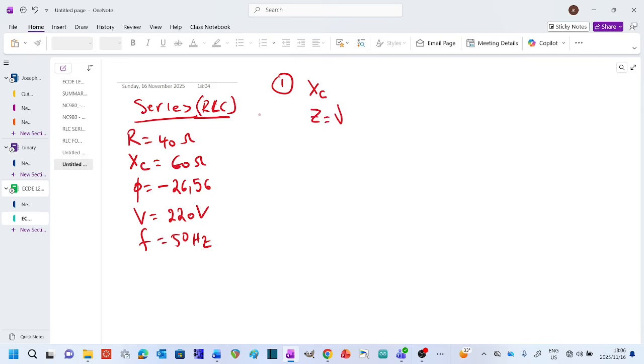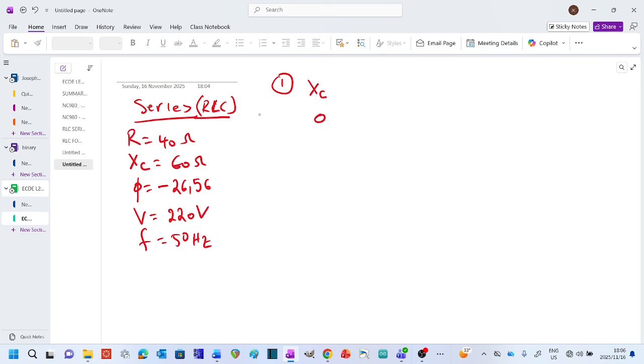But here we don't have Z. Z will be the square root of R squared plus, if XL is bigger, XL minus XC, squared. We have XC, yes, but we don't have XL, that's the unknown, and we also don't have Z, so we cannot use the Z formula. It won't work. The other formula that includes both of them is the angle formula.